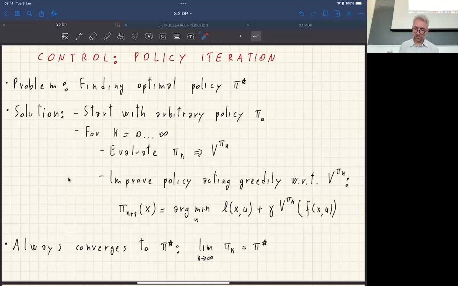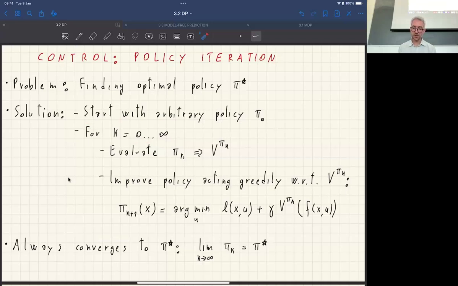So this is the pseudocode of the policy iteration algorithm. You start with an arbitrary guess for your initial policy, as usual. Can be arbitrarily bad. Typically, we're going to start with just 0. Then you iterate for theoretically an infinite number of iterations, but of course, we're going to stop early in practice.